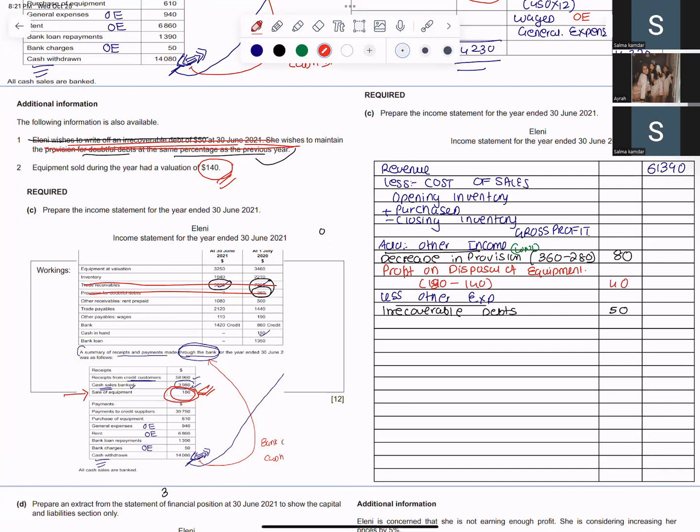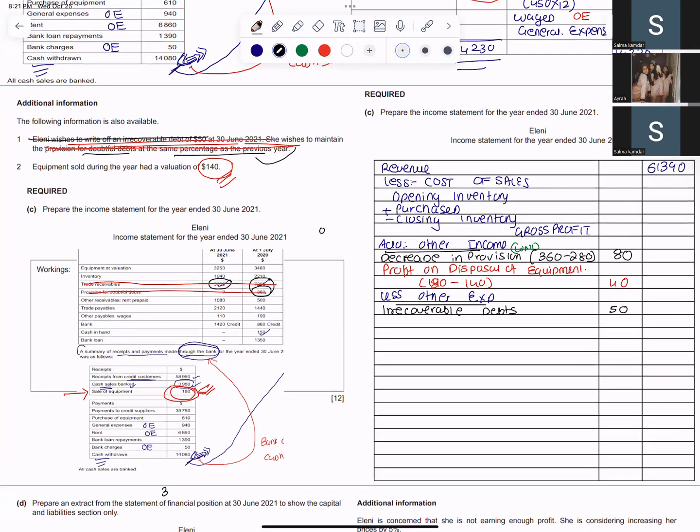Now, because a non-current asset is there, there will be depreciation also. And how do you calculate depreciation if value is given? By doing the scrap value method. Opening plus purchases minus closing minus sold.